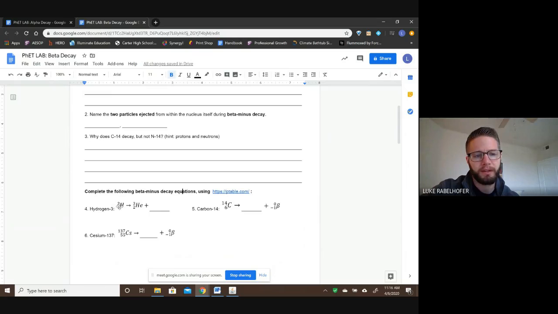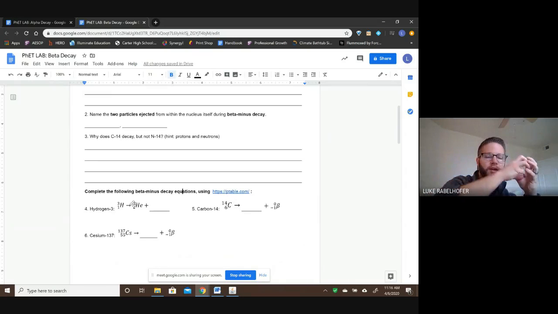So let's look at what happens to hydrogen-3. Hydrogen-3 has a mass of 3, that's the top number, and one proton, that's what makes it hydrogen. Now during beta minus decay, what happens is the neutron turns into a proton and shoots off that electron. So as a neutron turns into a proton, the 3 stays the same because a neutron and proton have the same mass.